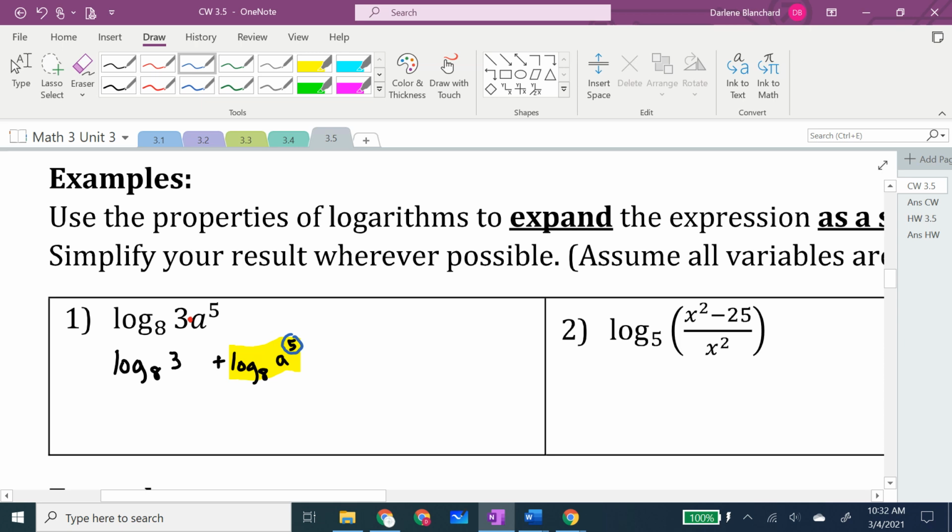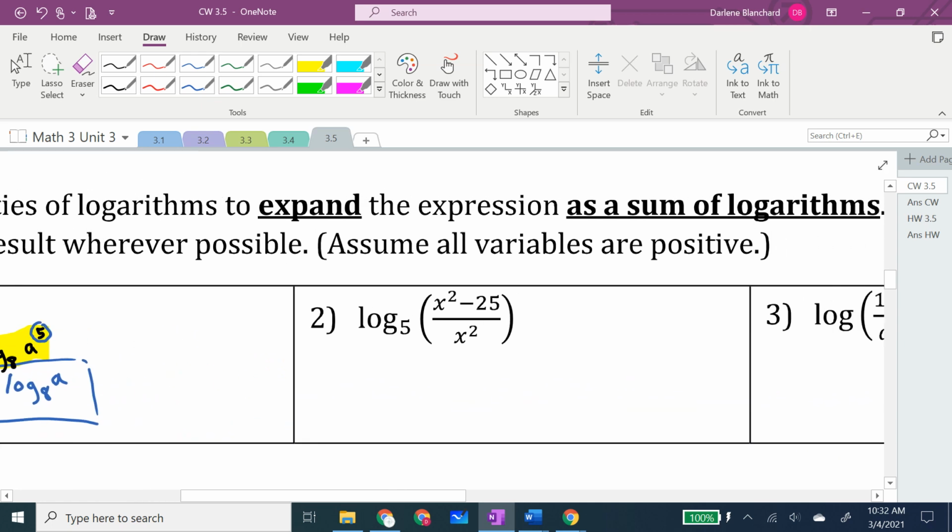They have to bring things back to a y equals x balance. So the 5 is multiplying the log base 8 that now has only a inside and no changes on the other one. And that's expanded.